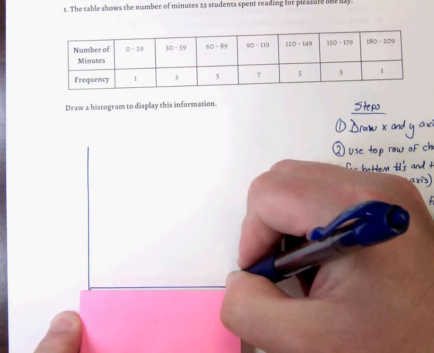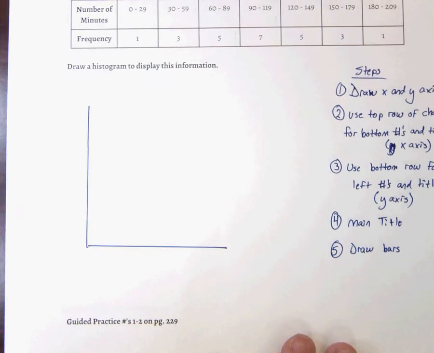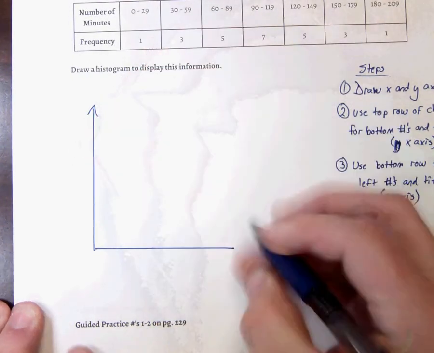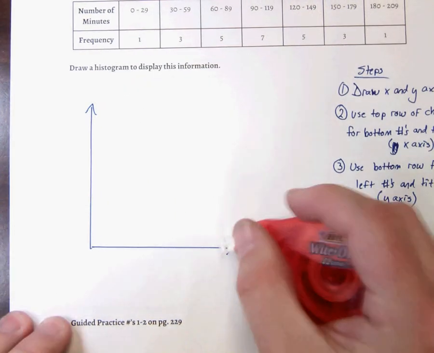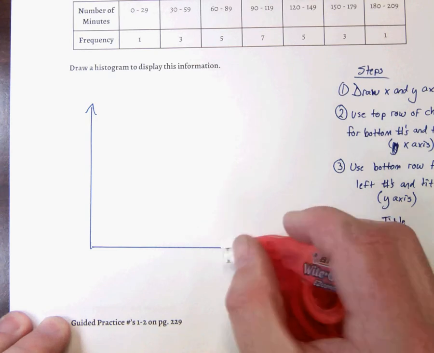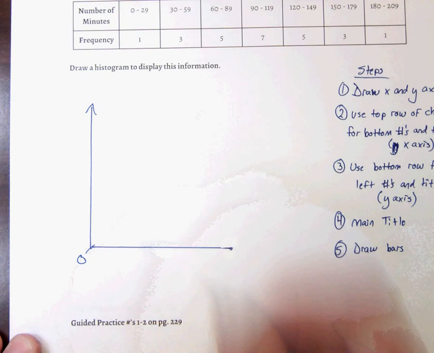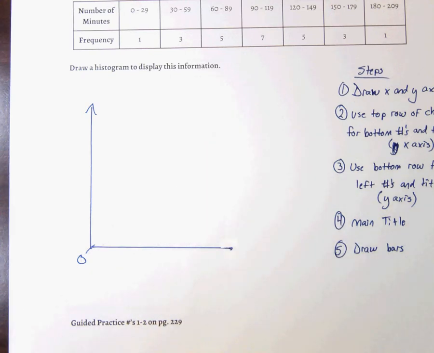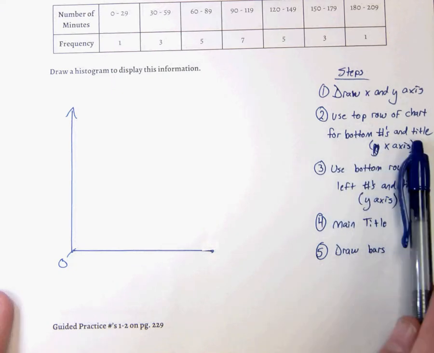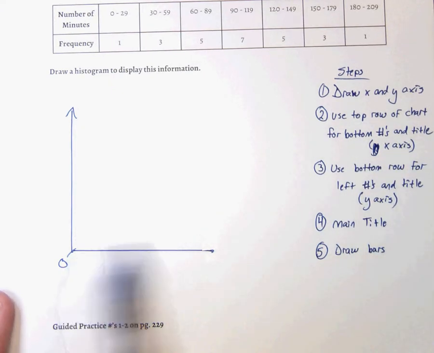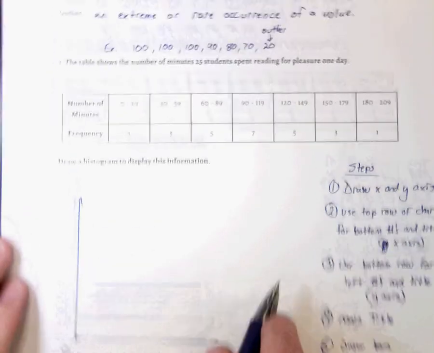So, let's look at our chart. This top row, right here, our top row is our title and bottom numbers of the number line. So again, top row, it's going to be our title and bottom numbers for the x-axis.